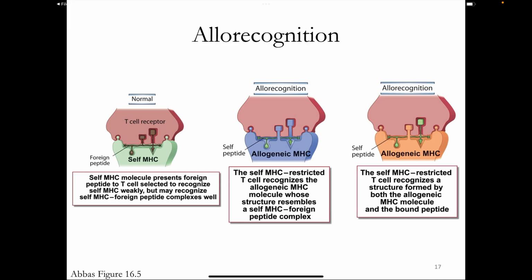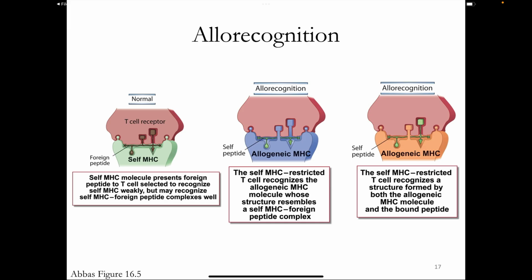This one has, again, the two little ball things on the side and one little thing in the middle. And so sometimes if you add up the whole surface of the MHC plus the peptide, it can look like the same 3D surface of some other T cell plus peptide. Notice that this T cell is responding to parts of the green MHC and parts of this brown peptide.